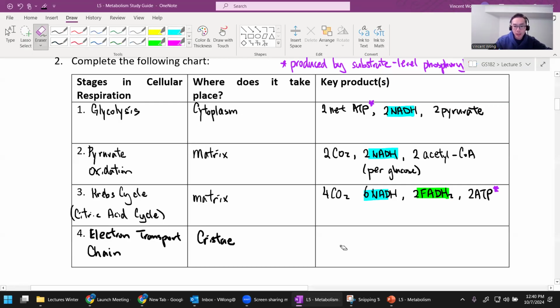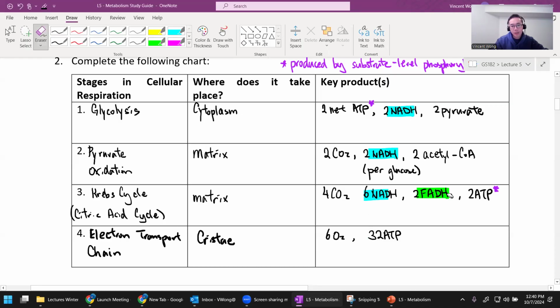And the key products that we're going to get, we haven't talked about yet. I'm just going to write it down for you and then I'll explain it to you. You're going to produce 6 O2, okay? And you're going to produce 32 ATPs, okay?